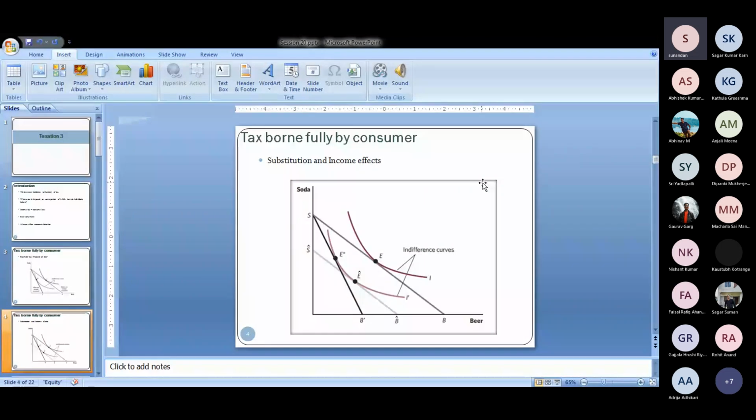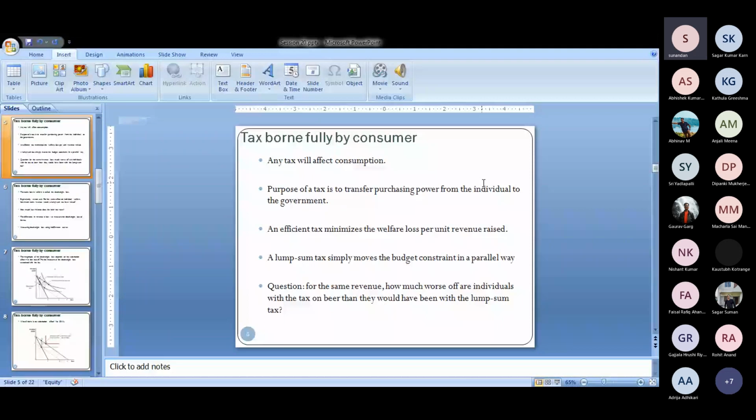We start with that simple benchmark case. Now, before moving further, I will say, concentrate on a few seemingly trivial but actually non-trivial impacts or effects when the tax is borne fully by the consumer.